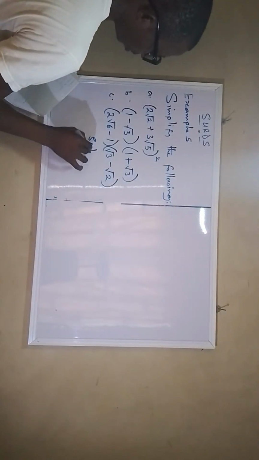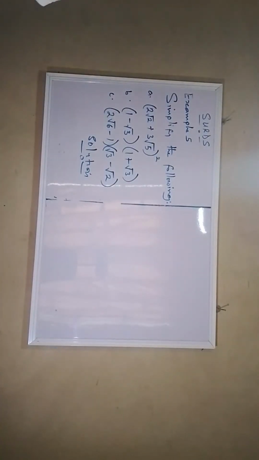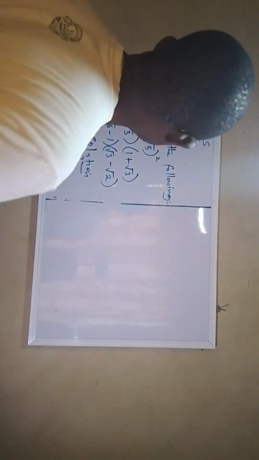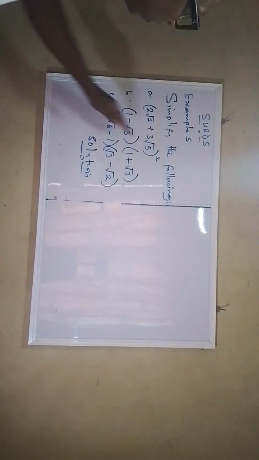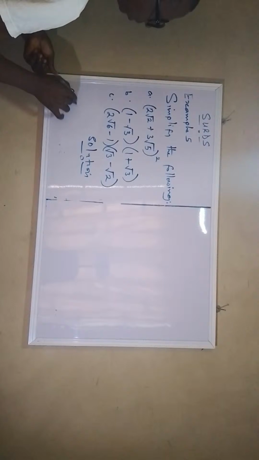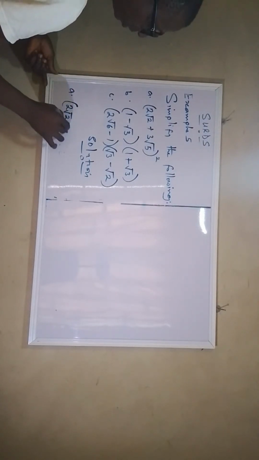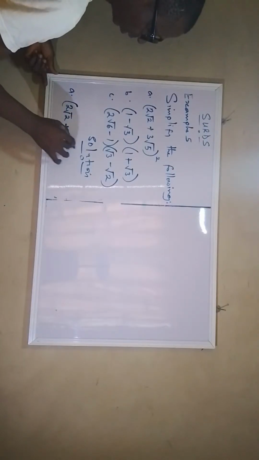Okay, so now can we solve this problem together? Now let's solve this problem together. Now you have to simplify the following. Now the first one, we have 2 square root of 2 plus 3 square root of 5 raised to the power of 2.